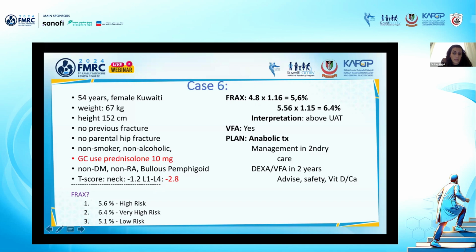Once you get this FRAX score, you will multiply by the factor of the prednisolone 10 milligram, which is a high dose. So you have to multiply again. So the final FRAX is 6.4, which is above upper assessment threshold for this patient. Will you order a VFA? Yes, because this patient is on the glucocorticoids. The patient is a candidate for anabolic treatment. You refer these patients for secondary care.